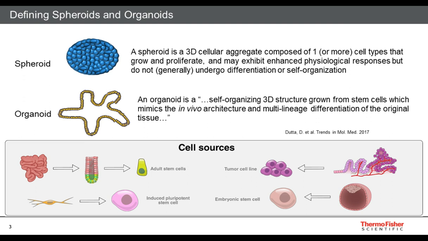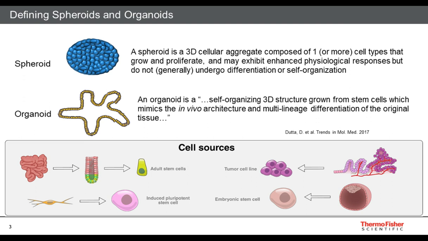So the next slide gets into the weeds a bit more with the models, and this is really parsing definitions between spheroids and organoids, which I tend to think of as somewhat loosely defined. Working definitions are shown here.